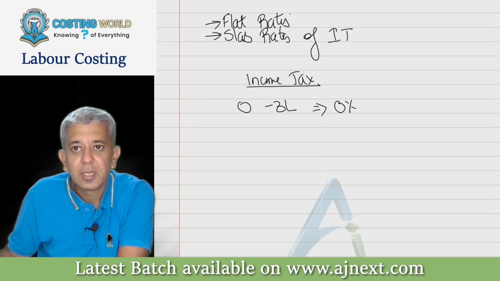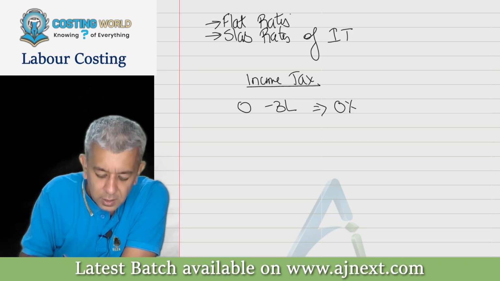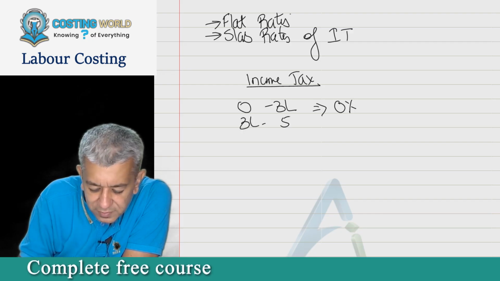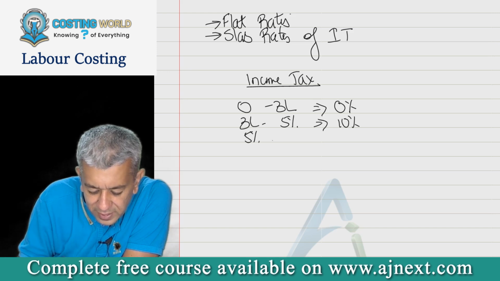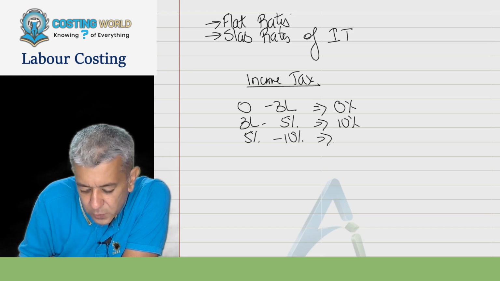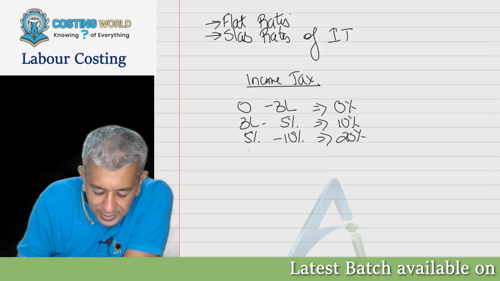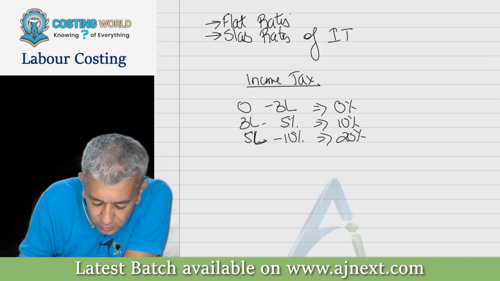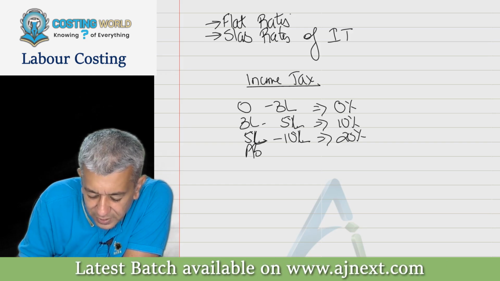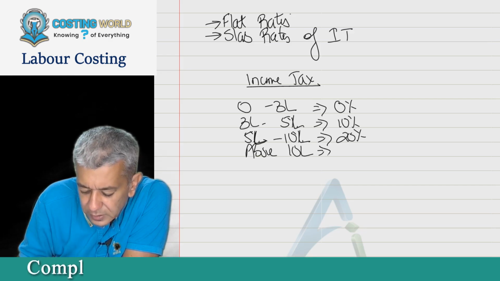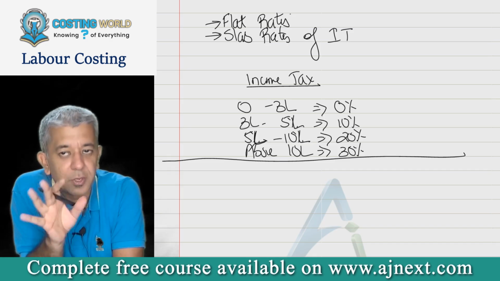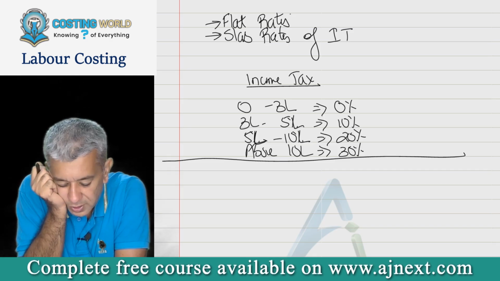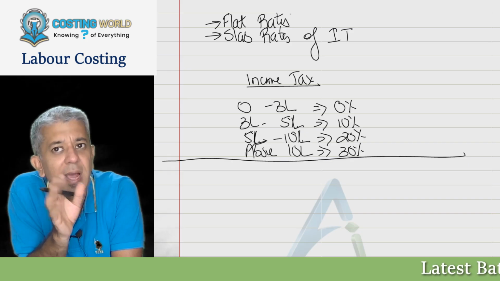Then 3 lakhs to 5 lakhs, say 10%. 5 lakhs to 10 lakhs, say 20%. And above 10 lakhs, say 30%. These are, say, the slab rates of income tax.